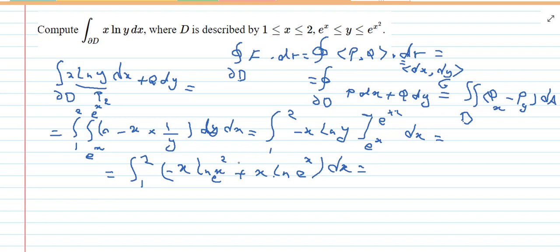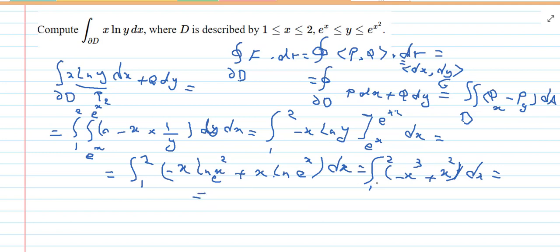So we have x² times x, which is minus x³, plus x times ln of e^x, which will be x. x times x is x². So then we can continue this integration.